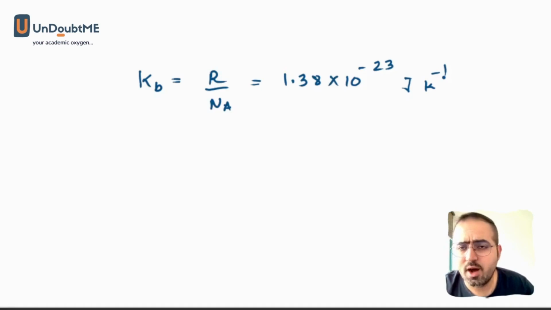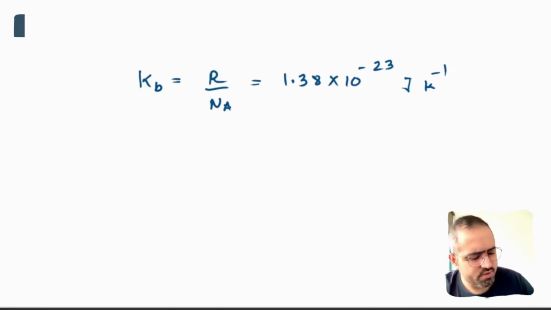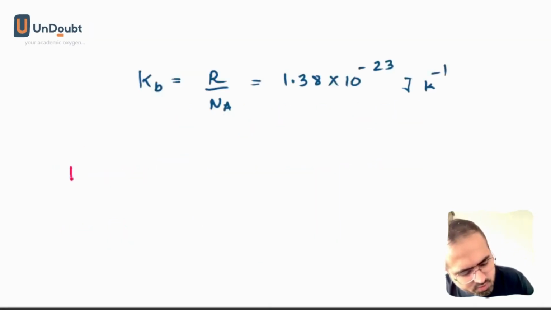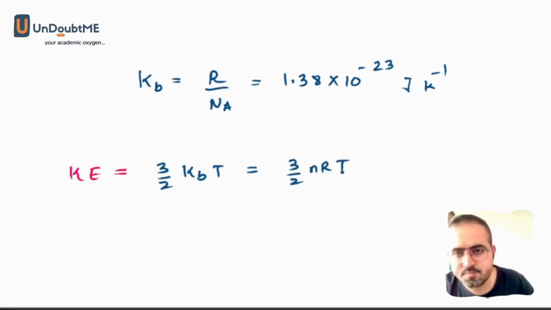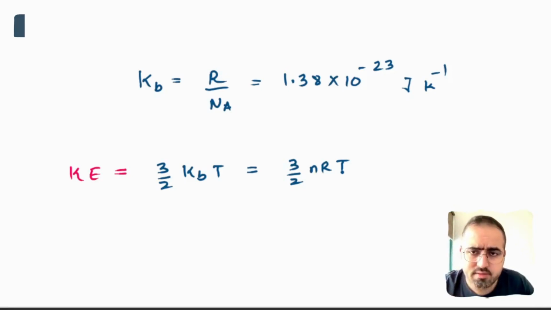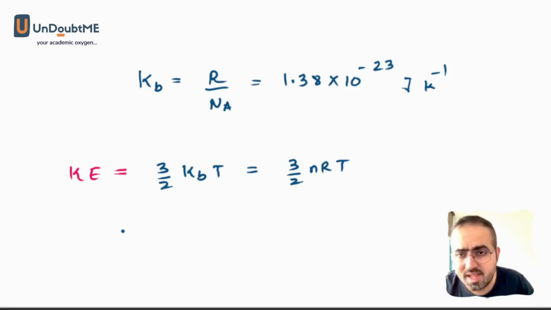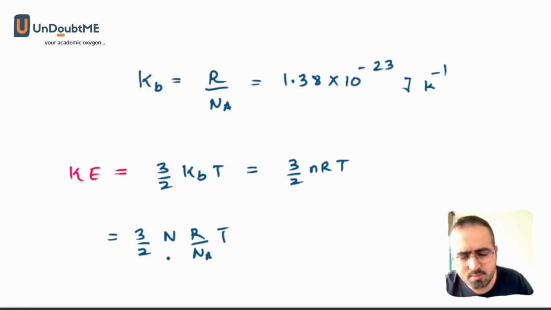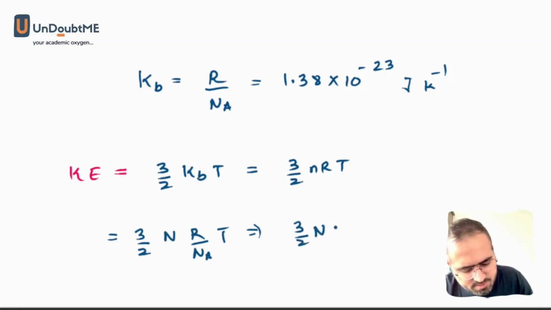Now let us understand how we can apply that in a question. Before moving towards the question, you need to understand one more thing. Let me write the formula for kinetic energy one more time: kinetic energy is equal to 3/2 Kb T, or that is also equal to 3/2 nRT. When I replace the number of moles n by the number of particles over Avogadro number, the kinetic energy becomes 3/2 times N times R by Na times T. Now this R by Na can be replaced by k, the Boltzmann constant.